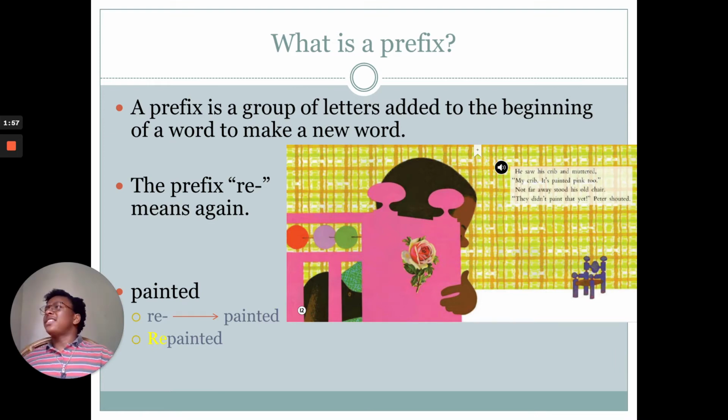Now, what does repainted mean? Repainted means that it is painted again. It means to paint again. So, Peter could have said, that's my crib. It's repainted pink too. It's painted again a different color.